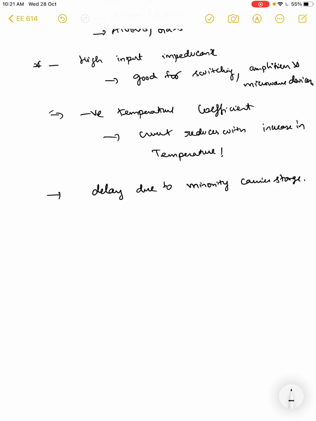But if you have a bulk injection of minority carriers, like in the case of a BJT, you have a time that is required to switch it from forward to reverse, as we saw before, because there is some charge storage time in a BJT, right? And hence MOSFETs can have a much faster switching speed than the BJT, right?